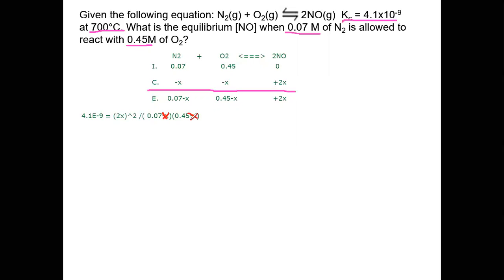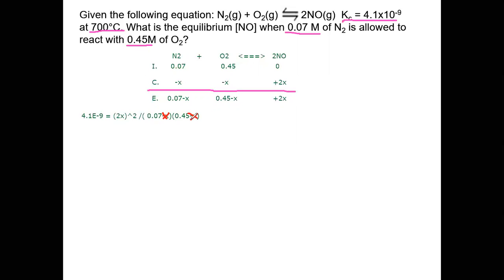And again, we can do this because Kc is so small and the concentrations are so big. So we have, say, 10 to the negative 2 compared to 10 to the negative 9. That's over 1,000,000 times larger, the initial concentration versus the equilibrium constant.